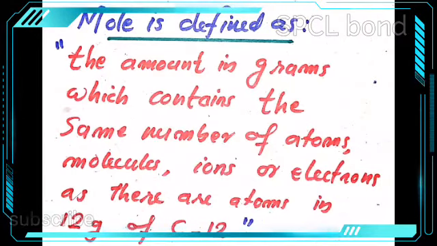As per the definition, a mole of a substance is its amount in grams which consists of the same number of molecules, atoms, ions or electrons as the case may be, as there are atoms of carbon in 12 gram of carbon 12, where carbon 12 is the isotope of carbon. The 12 is the atomic mass of carbon.